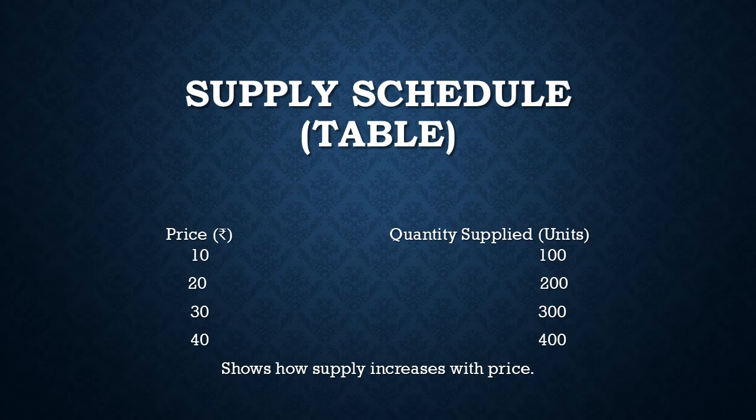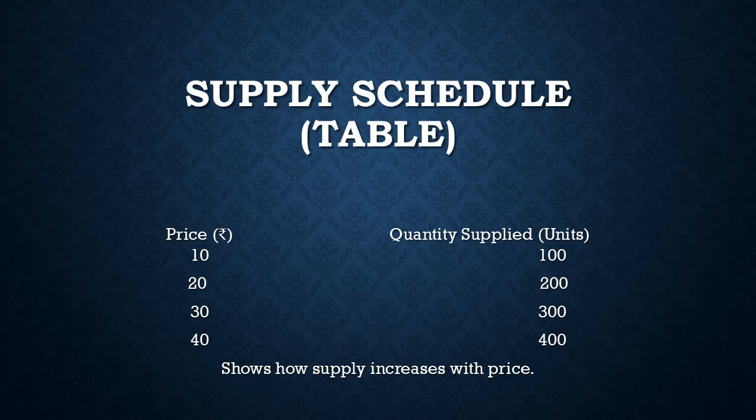For example, when the price is rupees 10, the seller supplies 100 units. But when the price rises to 40 rupees, the seller is ready to supply 400 units. So, this table clearly shows how supply increases with an increase in price.